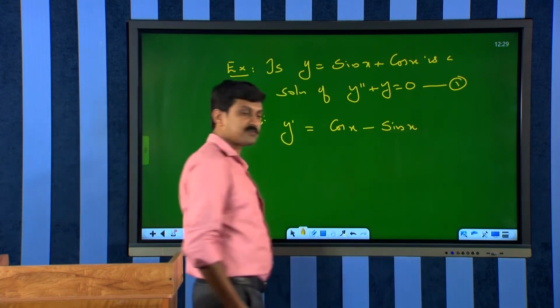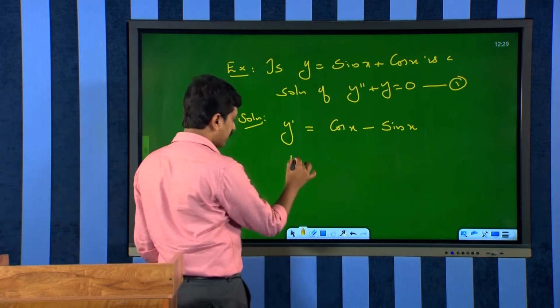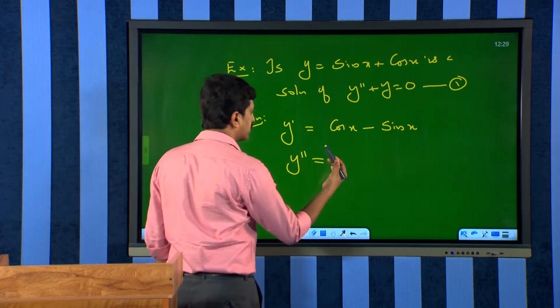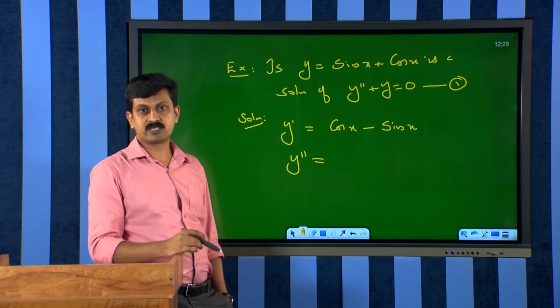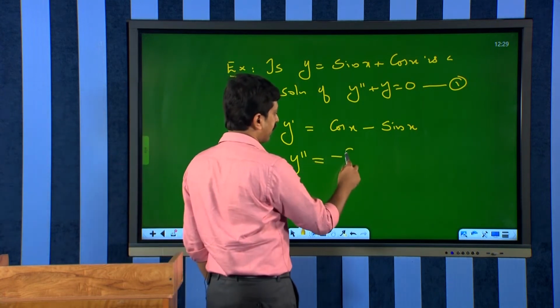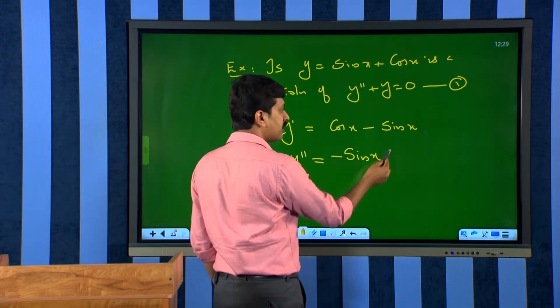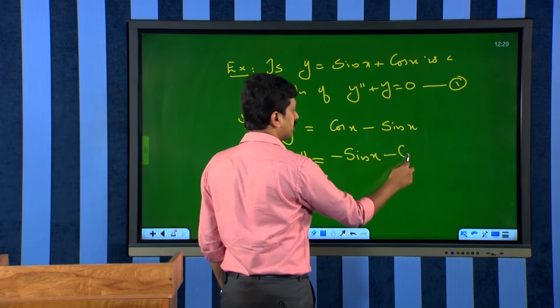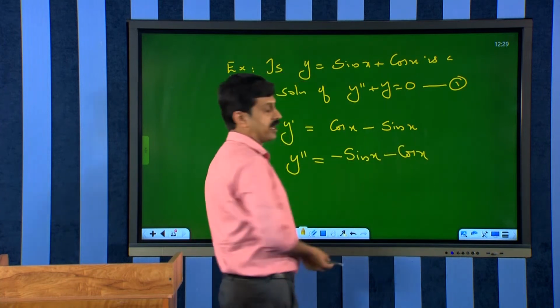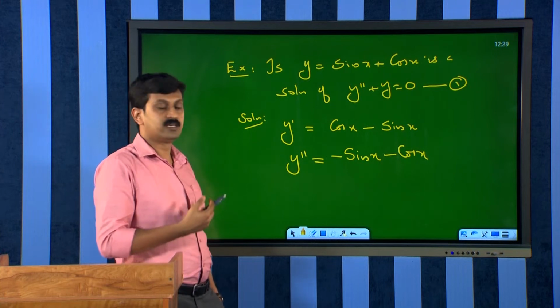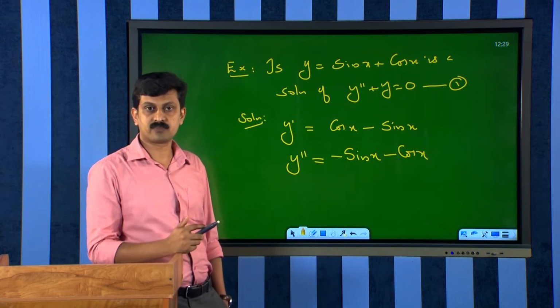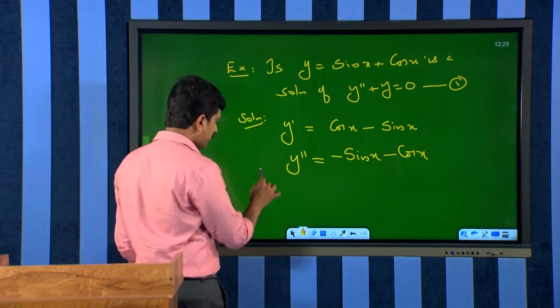Okay, fine. Now evaluating y double dash, this is equal to derivative of cos x, which is minus sin x, and derivative of sin x is cos x, so we have minus cos x. Okay, put in 1.